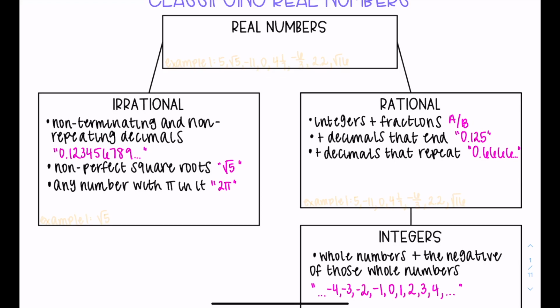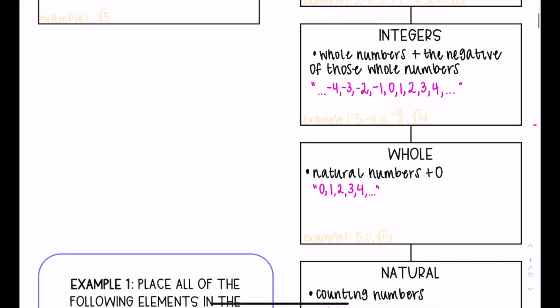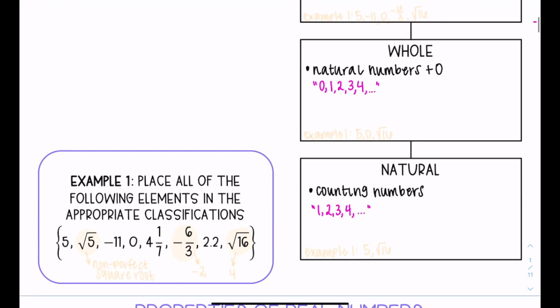So now that you kind of understand what each category involves, let's place all of the following elements in the appropriate classifications. So let's go ahead and just take a look at the list first. We've got 5, we've got square root of 5. Well, square root of 5, that's a non-perfect square root. So I think we know where that's going to go.